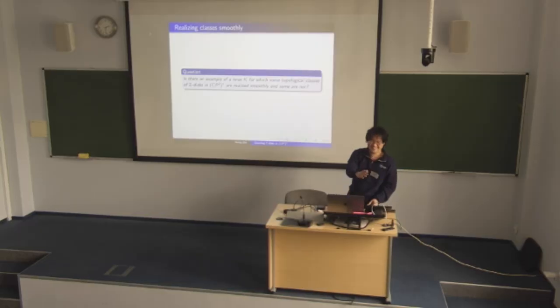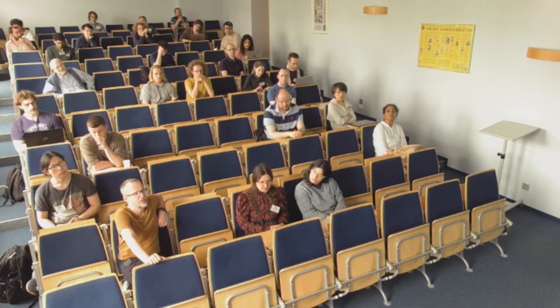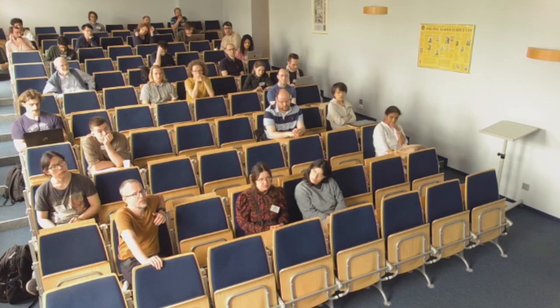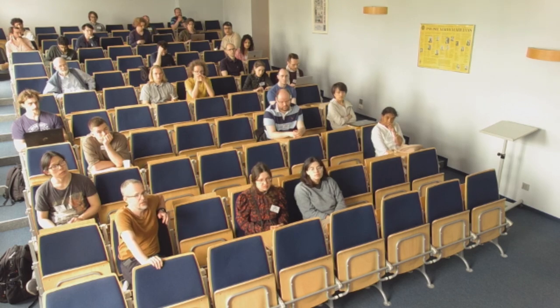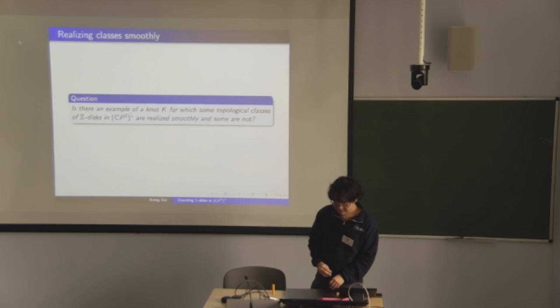I have a question. Whenever you have this unknotting curve gamma, then it gives you a Z-disk, and the Z-disk depends only on the homology class gamma represents in the Blanchfield. In the infinite cyclic cover, yes. In the Alexander module.